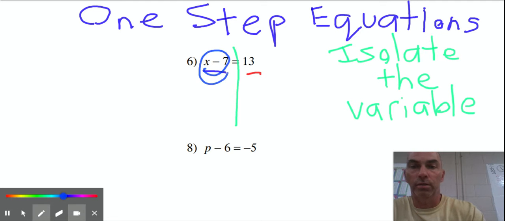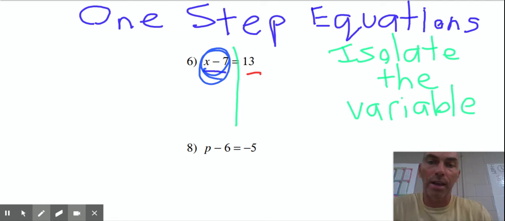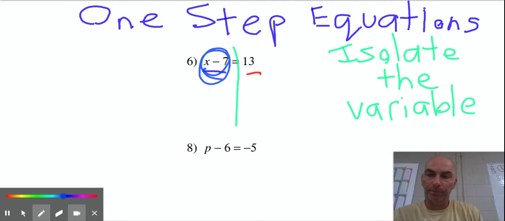We have x minus 7, or aka negative 7. We have a negative 7 on the side with the x. Get rid of the negative 7. How? We need to do the opposite. We need to add 7.